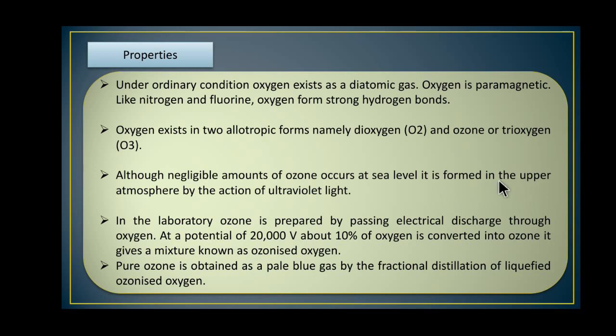It is formed in the upper atmosphere by the action of ultraviolet light. In the laboratory, ozone is prepared by passing an electrical discharge through oxygen at a potential of 2000 volts. About 10% of oxygen is converted into ozone, giving a mixture known as ozonised oxygen. Is it clear? O3 is ozone.